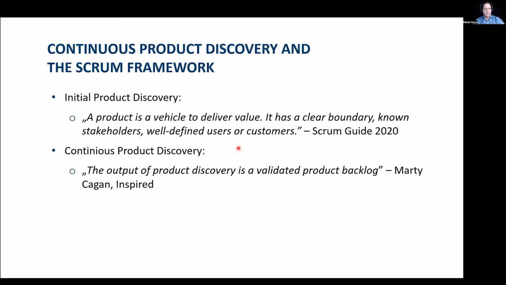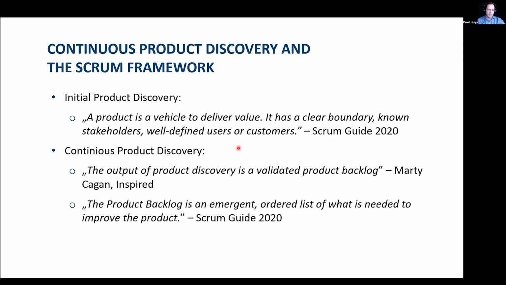And in that case, continuous product discovery should run in parallel to product delivery. And we interview customers regularly, ideally every week. And it allows us to validate our ideas, at least the most risky assumptions, before they are selected for the sprint.